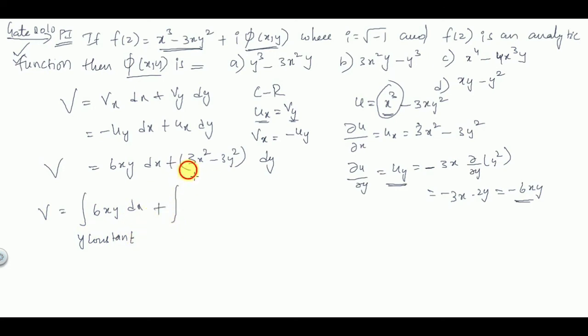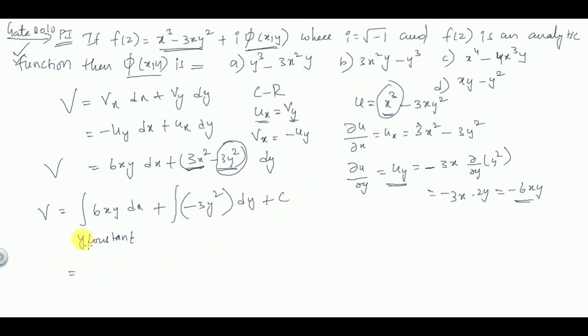If you observe here, the first term contains x, that is it is a function of x, it is depending on x. If you see the second term, there is no x term here. So this term is independent of x. Along with the sign I am writing, so minus 3y square, this is the term which is independent of x, into dy, plus c.